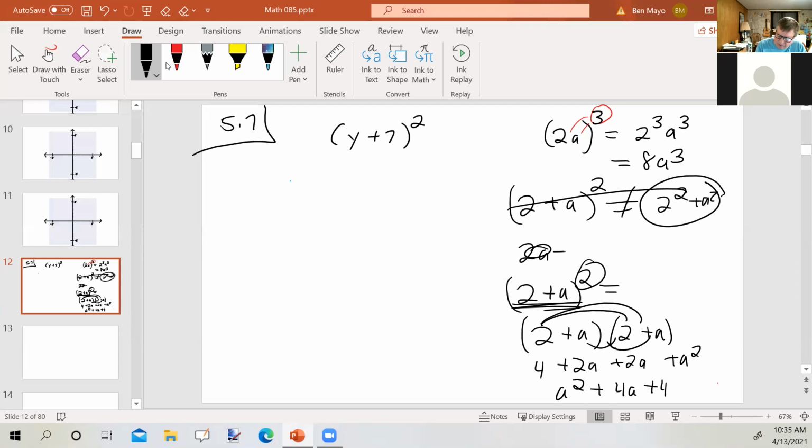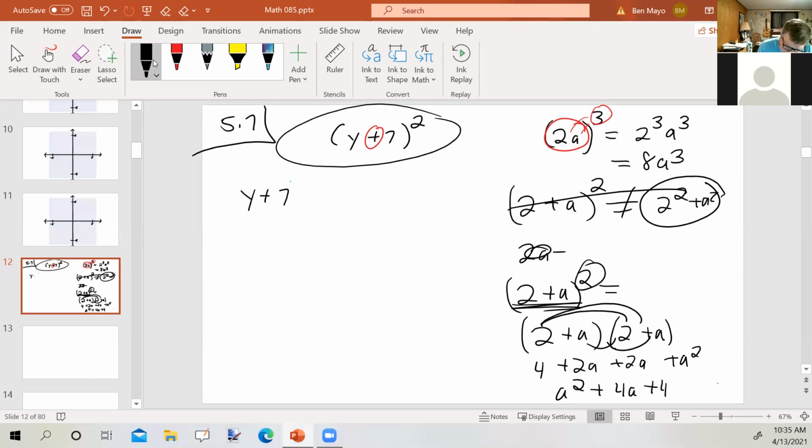You'd get 4 plus a squared. So we need to be careful that we don't take a situation where we have a sum or a difference inside parentheses raised to a power, that we don't take it and treat it like a product raised to a power.